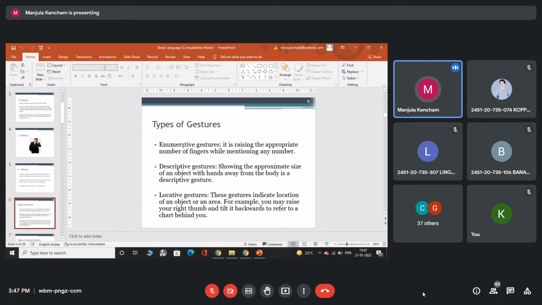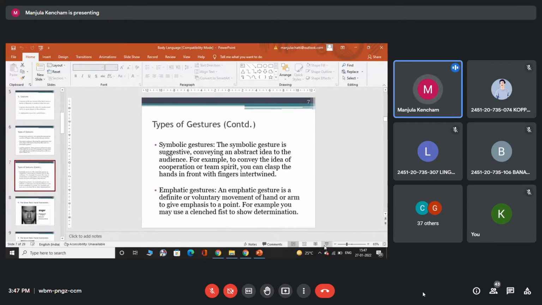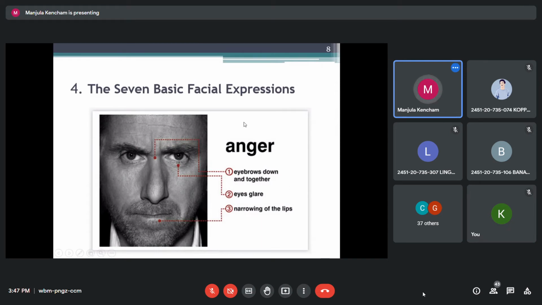What is a gesture? What are the types of gestures? Do you remember this class was taken in the conference hall, right? So, what are the different types of gestures? Enumerative gestures, descriptive gestures, locative gestures, symbolic gestures, emphatic gestures. These are the different types of gestures. Then, facial expression is also a part of your body language. How can you emote with the help of your face?